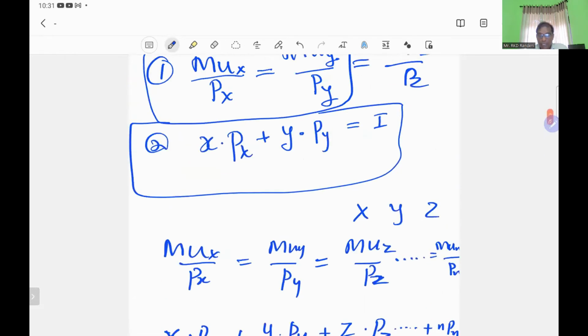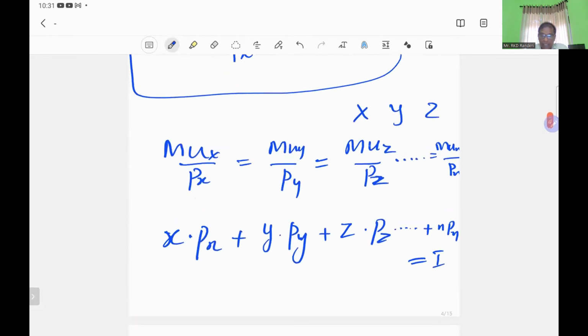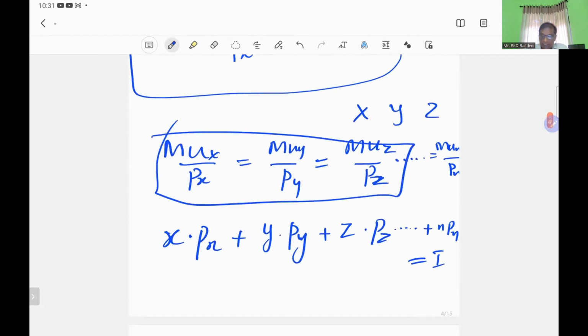If it is two commodities, this is the condition. If it is three commodities, you get these three. Likewise 4, 5, up to n. These two conditions should be satisfied at the equilibrium point.